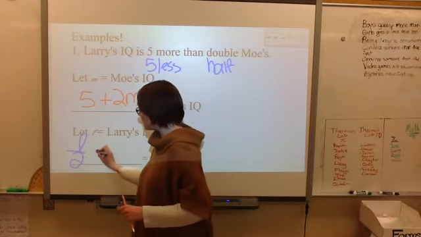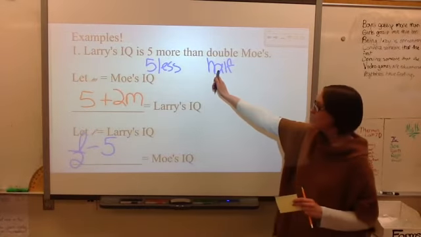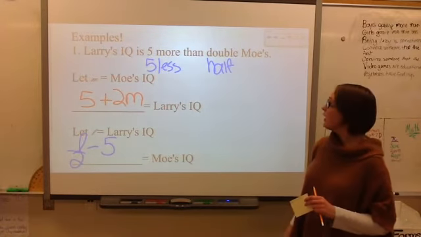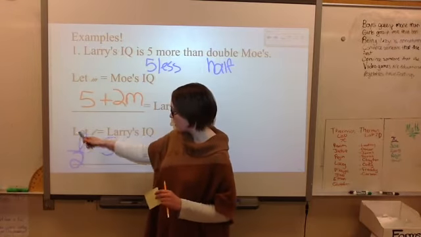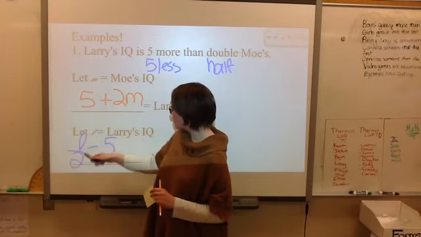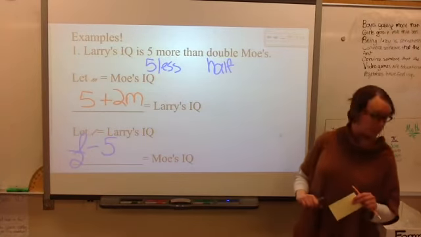And then what we would have to do is subtract 5, because it says that Larry's IQ is 5 less than half of Mo's. So if we go back and check this, Larry's IQ is half Mo's minus 5, so 5 less than half Mo's IQ.